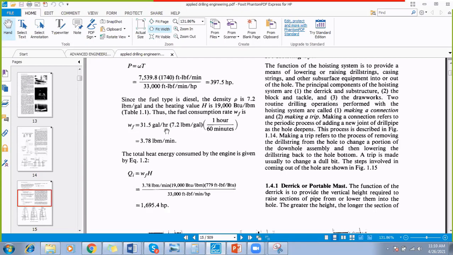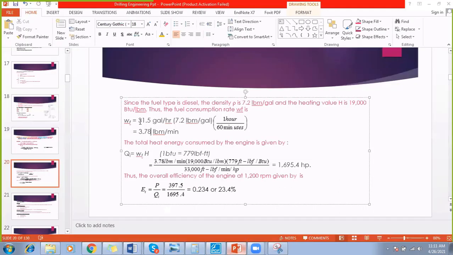Multiply by 7.2. Listen, these factors are not dividing. Look at this WF. Actually I want to correct one thing, that this WF is not divided with the density, it is actually multiplied with the density.